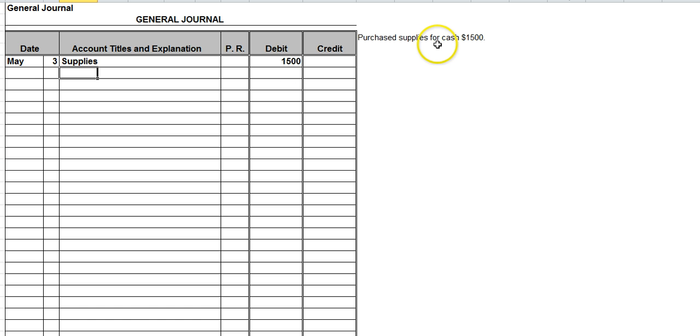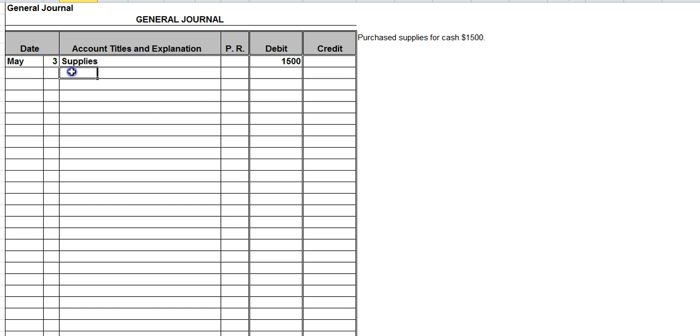The second part of the transaction, we purchase supplies for cash. Okay, that means I spent money, right? If I spend money, the balance of my cash account is going down. Cash is an asset. So if we want to decrease an asset, is that a debit or a credit? Credit. Very good.